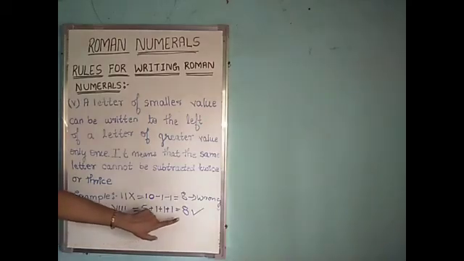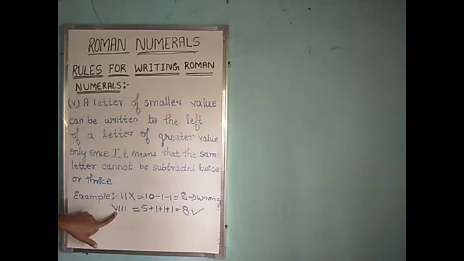We can write 8 as VIII in Roman numbers. So it is the fifth condition. A letter of smaller value can be written to the left of a letter of greater value only once. It means that the same letter cannot be subtracted twice or thrice.